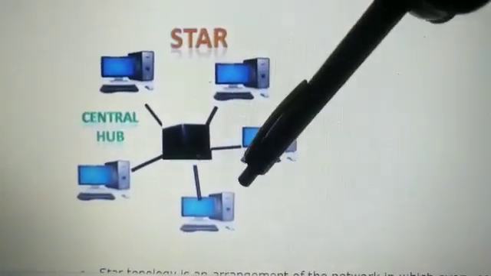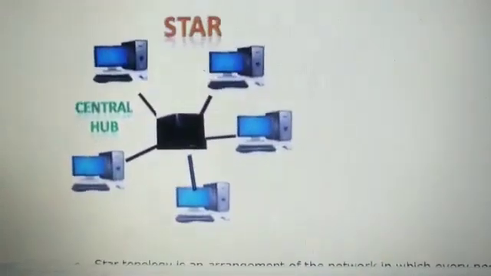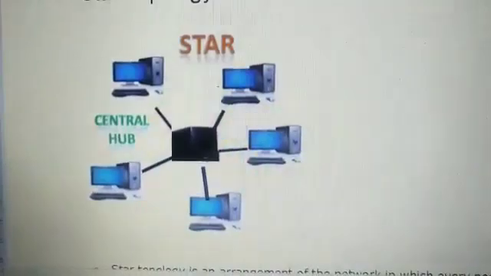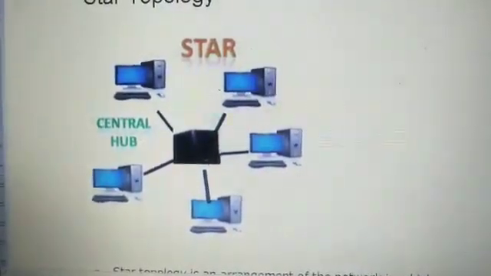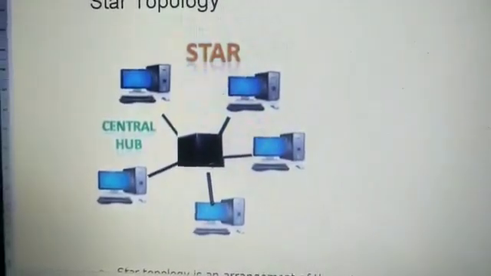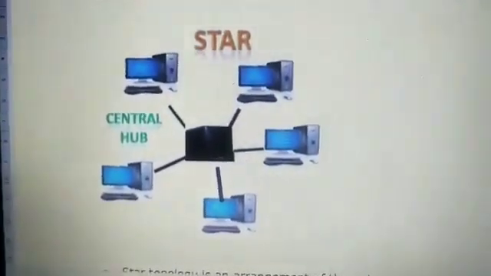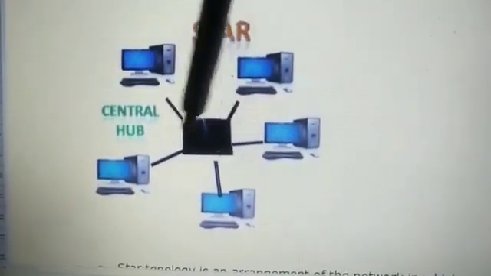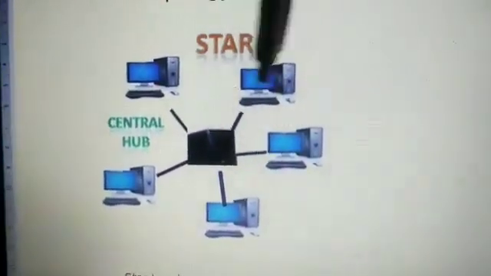So all the other systems are connected with the hub through a point-to-point link with the help of a drop cable extended in all directions of the hub. Another one is the point-to-point link there. It means that if the hub wants to communicate with this system, then one dedicated line is there.